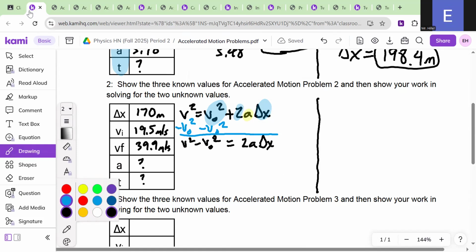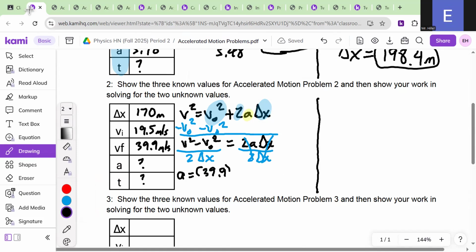Okay, now we'll go ahead and divide by 2 and delta x together. Cancels, cancels. And a, we'll go ahead and plug in. Plug in your numbers, I'll plug in mine. For me, it's 39.9 squared minus 19 and a half squared, all divided by 2 times, in my case, 170.